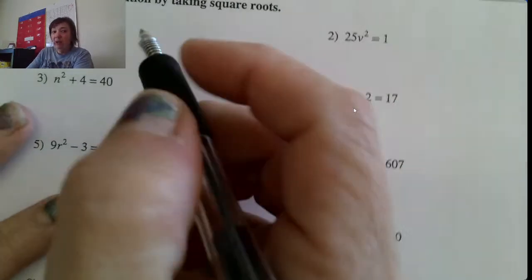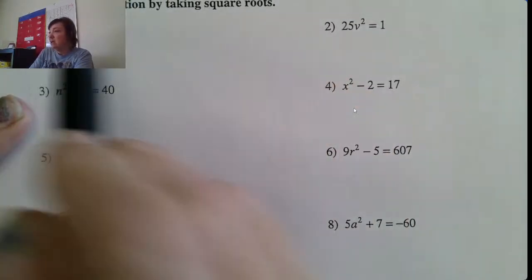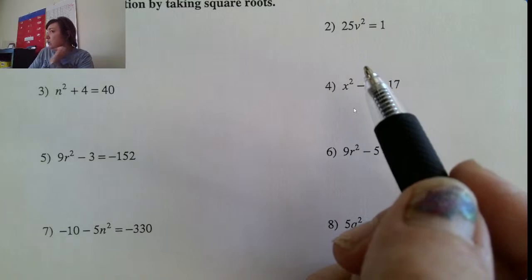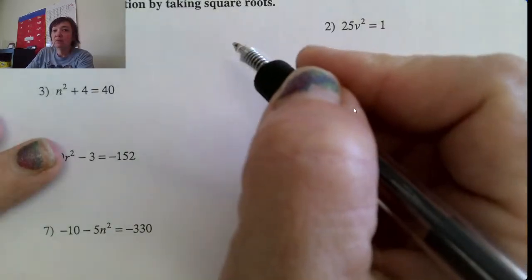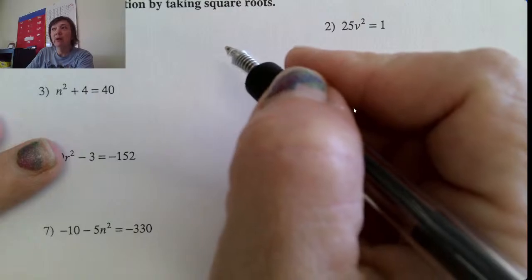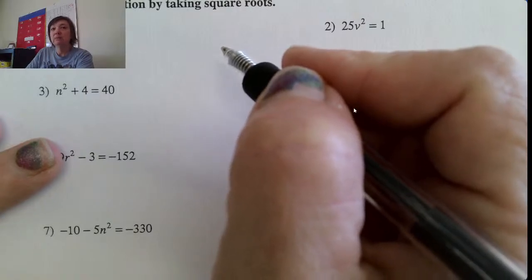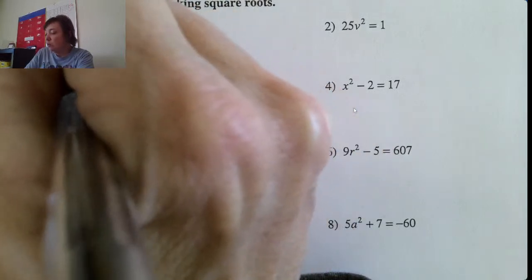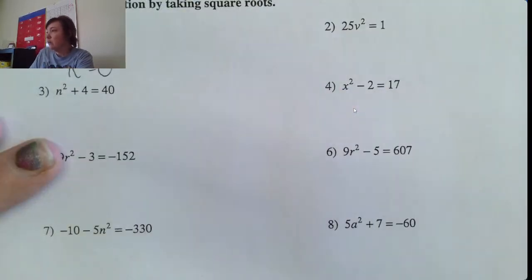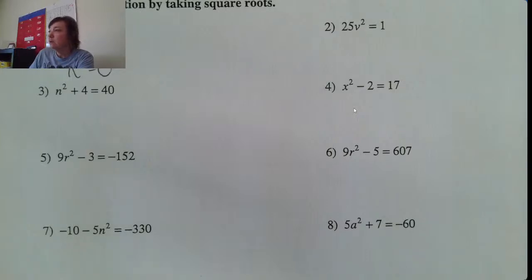So how are we going to solve this? What do we do to get that k by itself? What's our first step going to be? How are we going to get rid of that 6? Subtract that 6, right? Now this very first one's super easy because we come up with k squared equals 0, right?